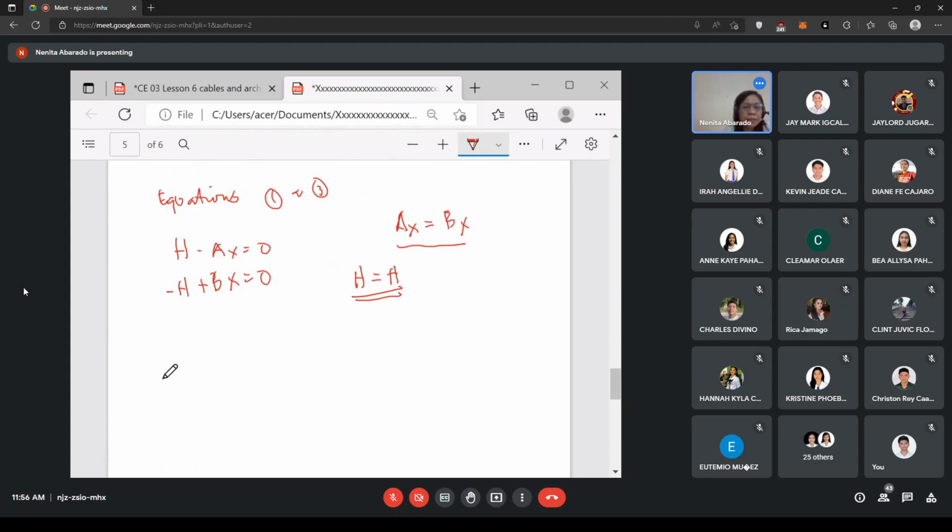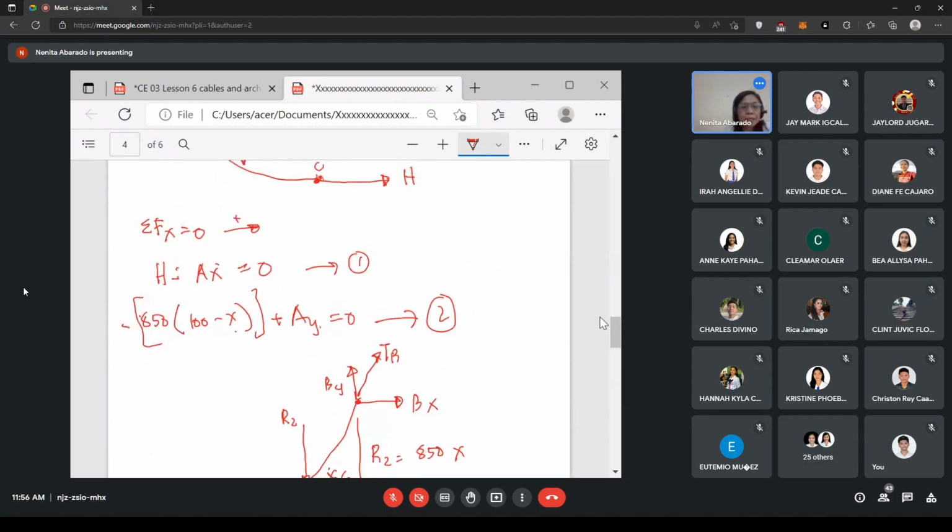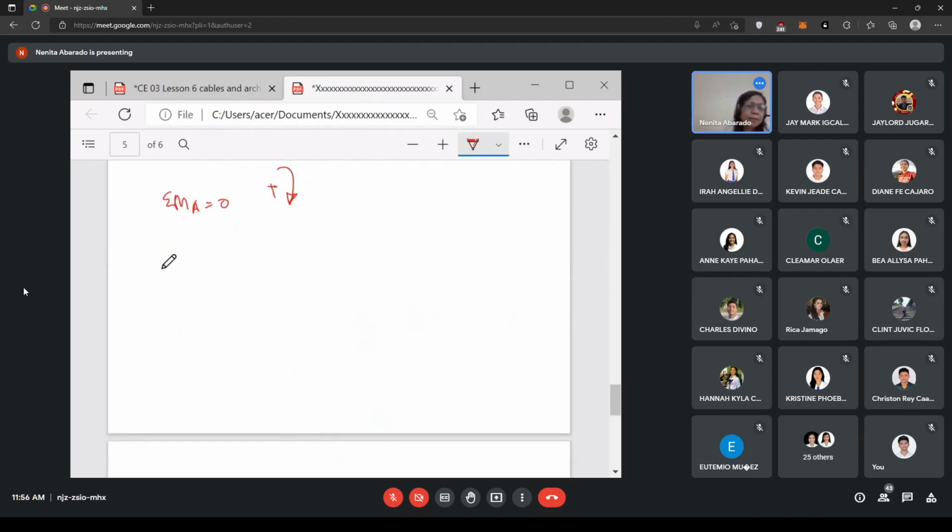So we have minus H. Let's say we have H here, and here is R sub 1, with the distance 100 minus x. This is the x that I made, class.